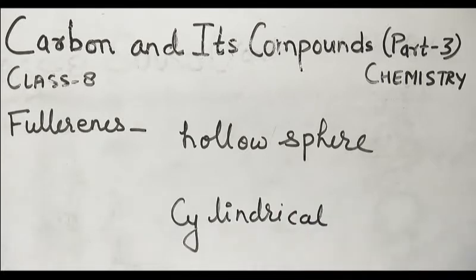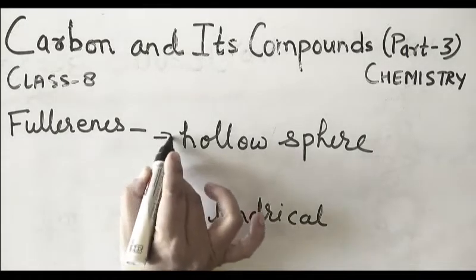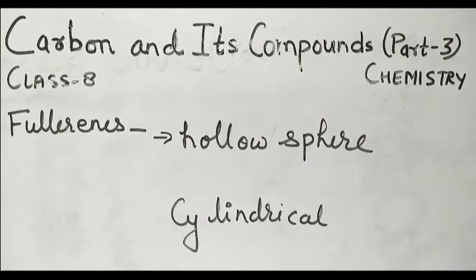That means carbon atoms are arranged in such a manner that they form a hollow sphere shape or cylinder shape, and it just depends on the number of carbon atoms, that is, how many carbon atoms are present inside them.